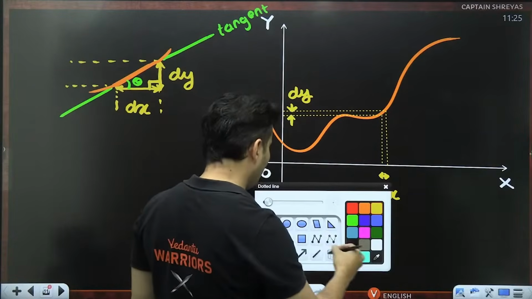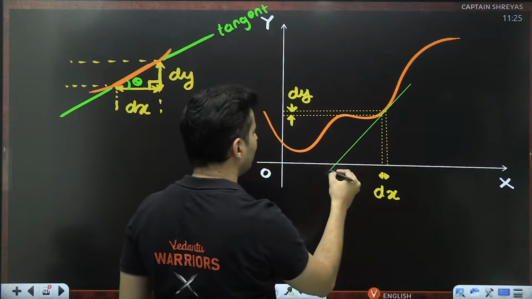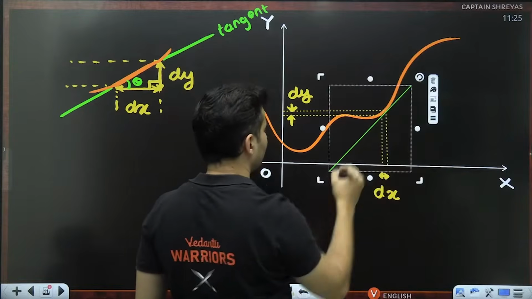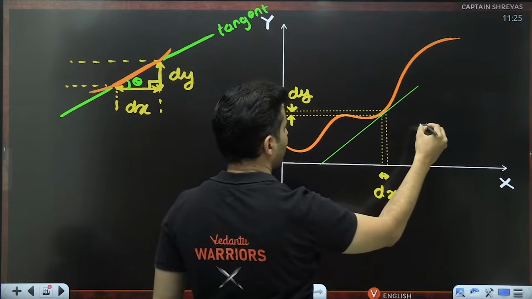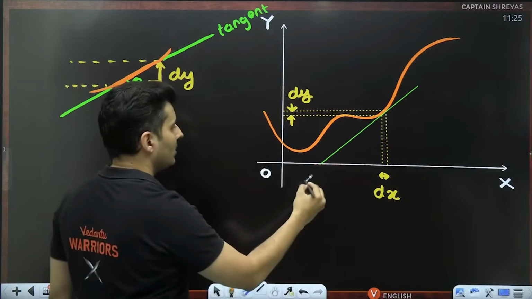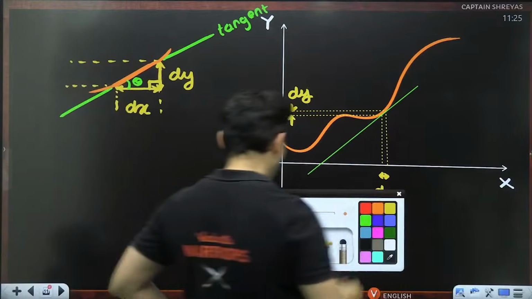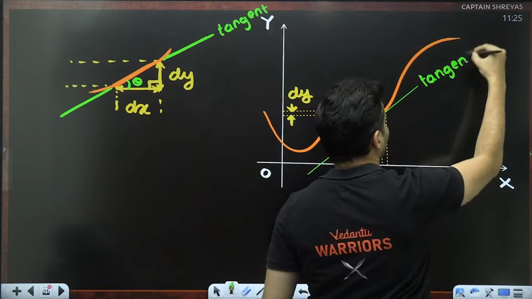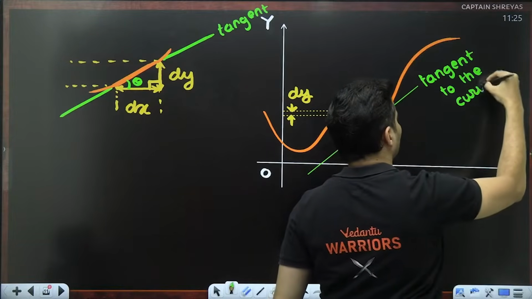So I can just draw a tangent right over here, maybe something like this. This is the tangent to the curve.